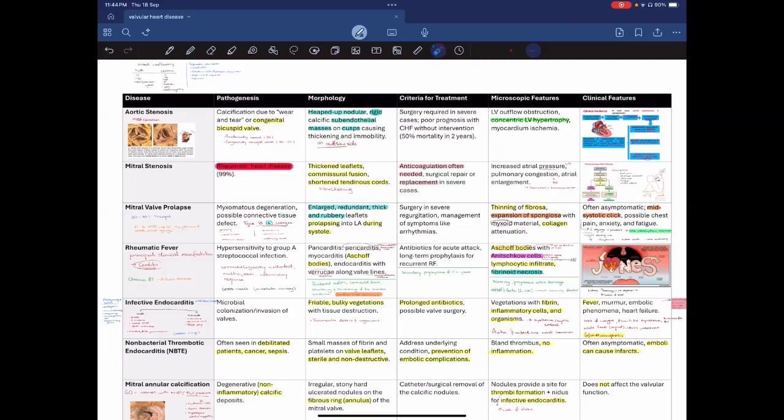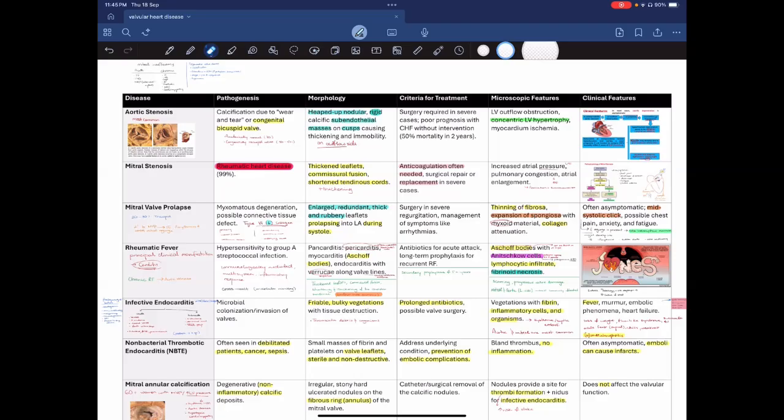What will happen? The mitral valve will start to thicken and will have a commissural fusion. Also, the chordae tendineae will start to be thickened and shortened. That will make a very characteristic feature of the mitral valve.